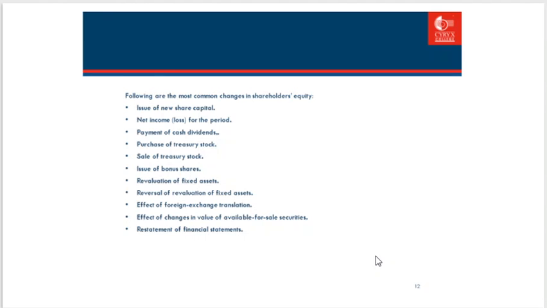Increase or decrease in foreign exchange reserve. Tenth, effect of changes in value of available for sale securities. Increase or decrease in available for sale securities reserve. Eleventh, restatement of financial statements, for example due to change in accounting principle, changes retained earnings.